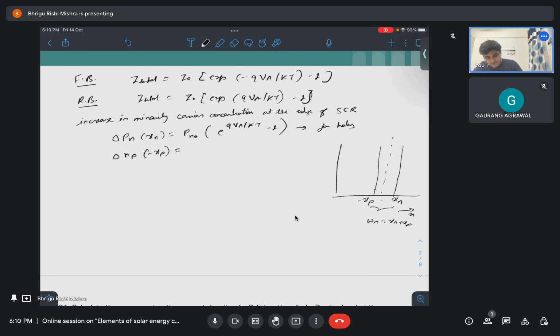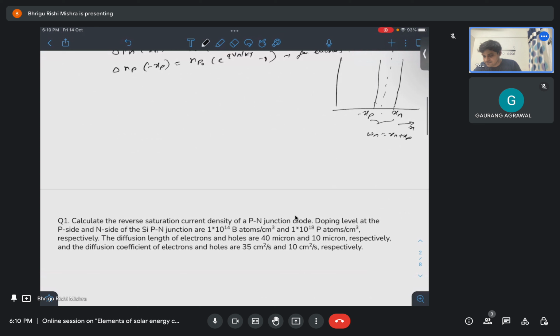So delta Np is Np naught, the carrier concentration of electrons on the p side at equilibrium, times e to the power q Va by kT minus 1, and this is for electrons.